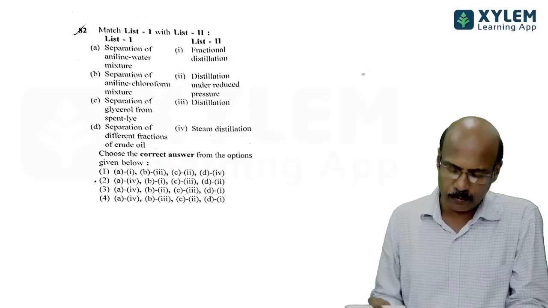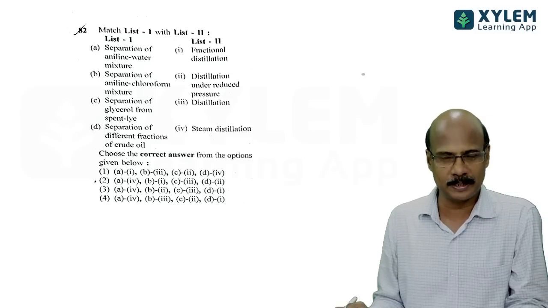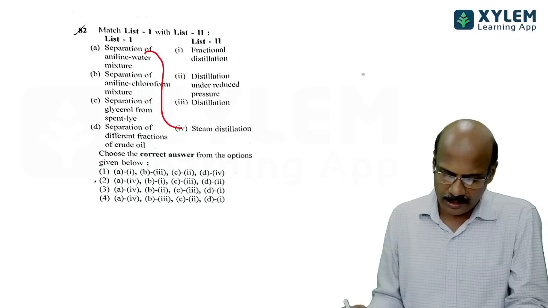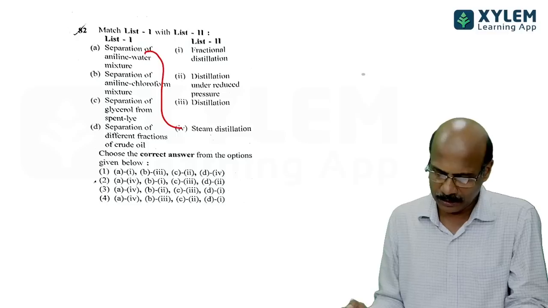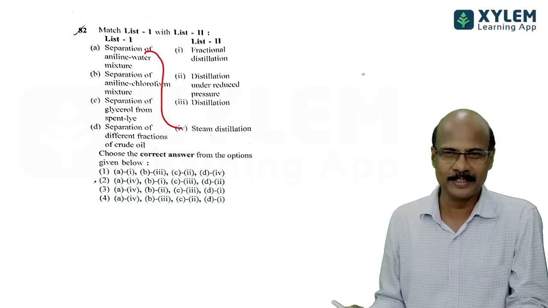Separation of aniline from water. You know that aniline is steam volatile and immiscible with water. So A can be given with 4. Aniline chloroform mixture. You can even supply distillation. Separation of glycerol from spent lye. Glycerol, you always prefer what?